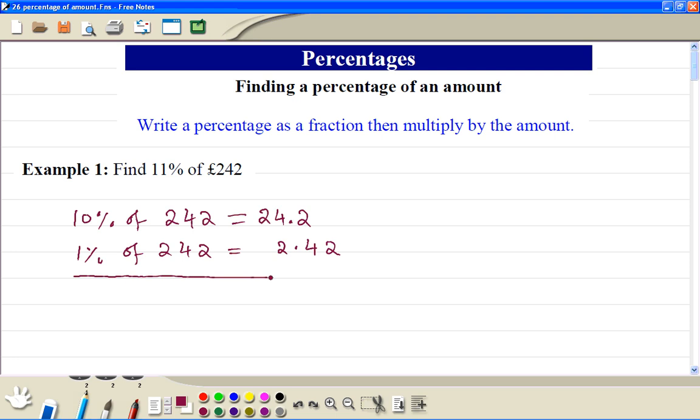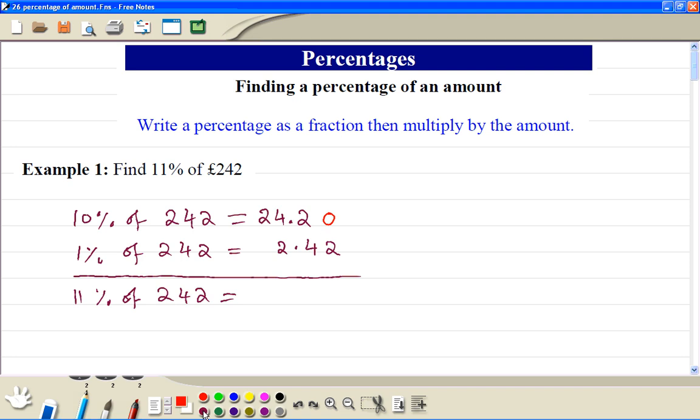Then to find the 11%, we just add, so 11% of 242. Now because these are decimals, you just add a 0 here yourself.